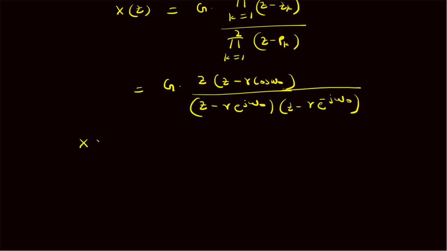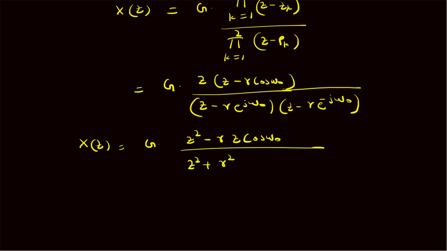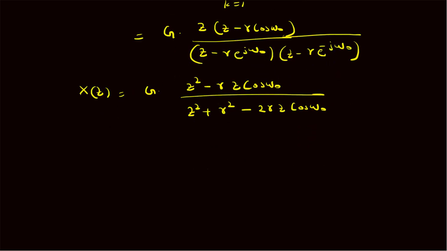Now this Z transform can be rewritten as G into z square minus r z cos omega naught, and in the denominator z square plus r square minus 2 r z cos omega naught. This is the Z transform in polynomial form, but the powers of z are all positive. So we write it as a rational Z transform with polynomials in z power minus 1, or z inverse.